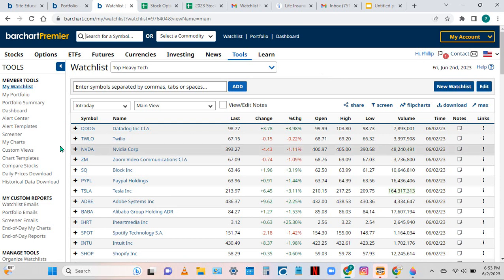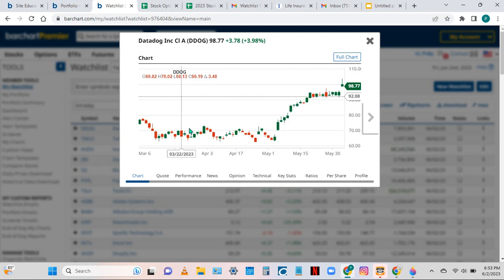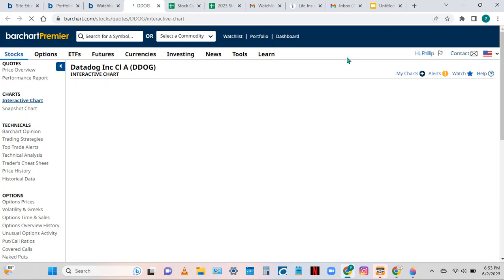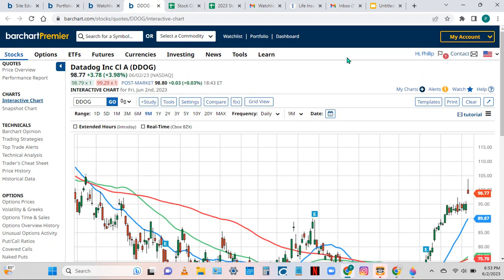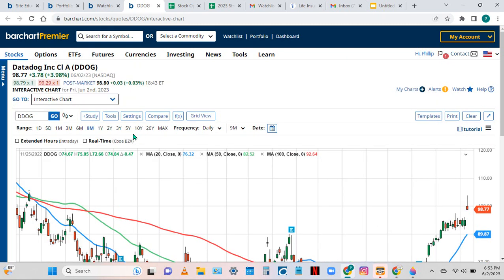So if I look at this first one, for example, Datadog, I don't even know what they do, but this is about a 3-month chart. If I really want to see that trend I've been telling you guys about, and figure out what stage we're in, it's not too hard to figure out, because we can simply bring up the individual chart of Datadog and go back, let's say, 3 years.